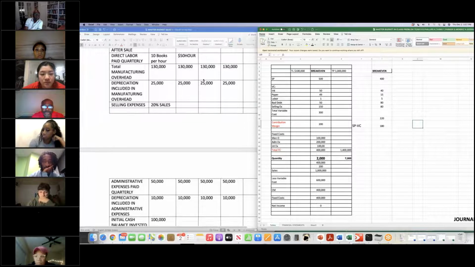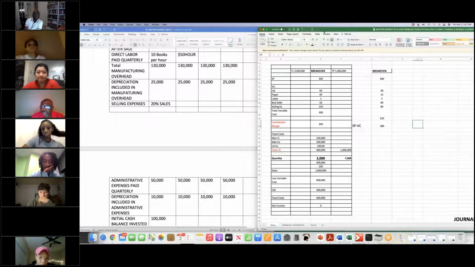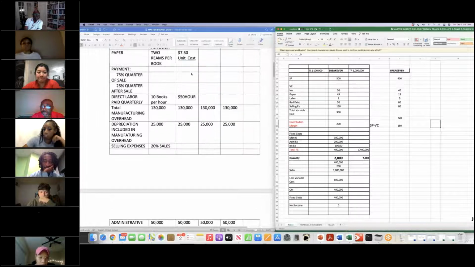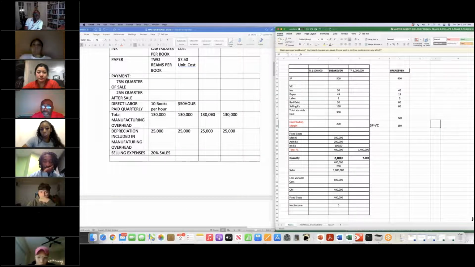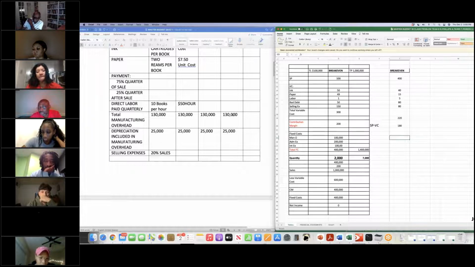For the overhead, I got 130,000. It's 130 in the first quarter, second quarter, third quarter, and fourth quarter. So if you're paying 130, how much do we get if we add all 4 quarters?